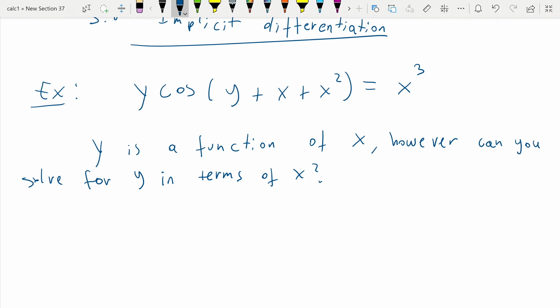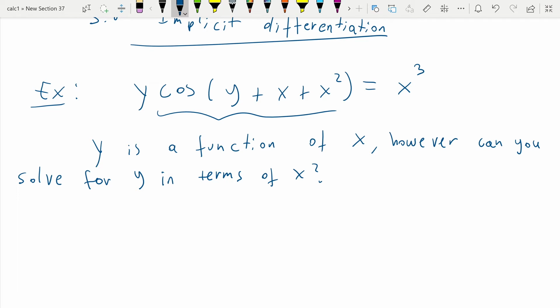If you take a look at the relationship between x and y, you'll notice if you try to move this to the other side, you'll have y on one side and y also on the other side, because you're dividing by cosine of y plus x squared. If you try to take the arc cosine on both sides, you'll still have y to deal with inside the arc cosine, so trying to solve for y is virtually impossible.